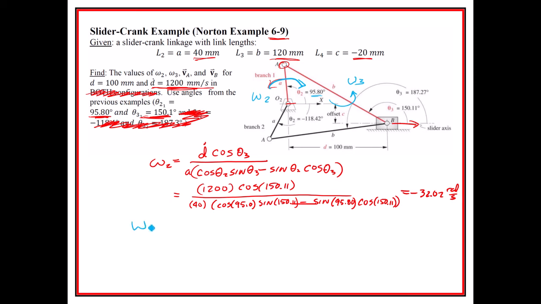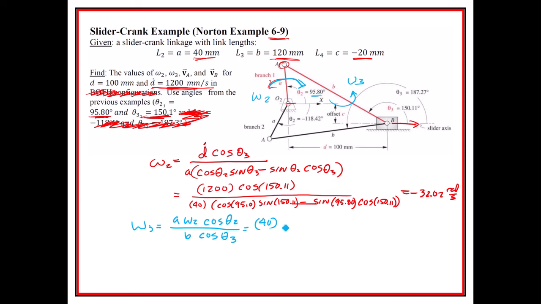We get omega 3 equal to A times omega 2, so we needed to get omega 2 first, times the cosine of theta 2, divided by B cosine of theta 3. That's not too long of an equation.